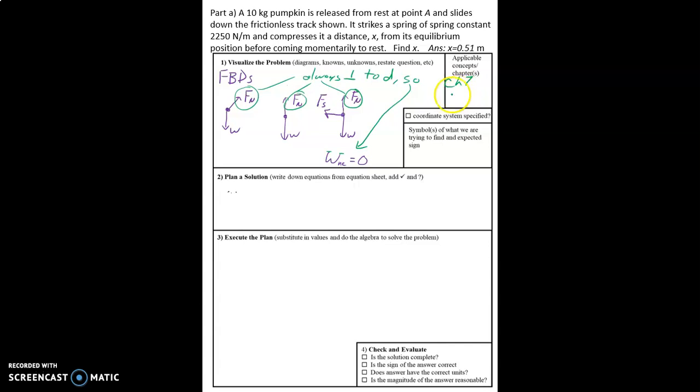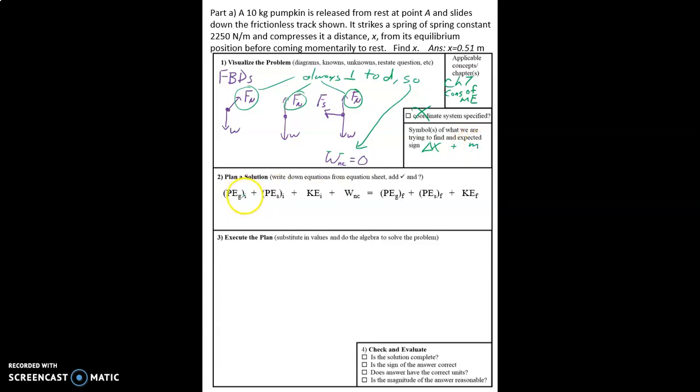Alright, so we're talking about Chapter 7, conservation of mechanical energy. We don't need a coordinate system since we're not summing forces. We are trying to find delta x. It should have a positive value, and it should have units of meters.